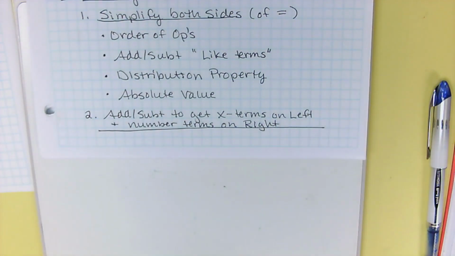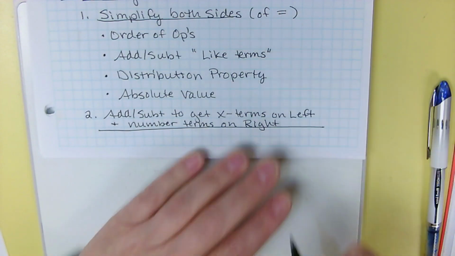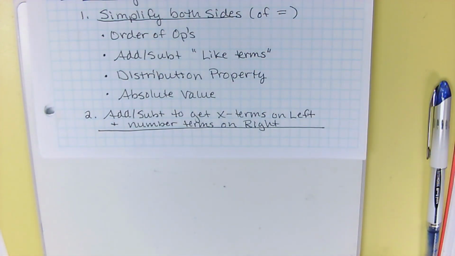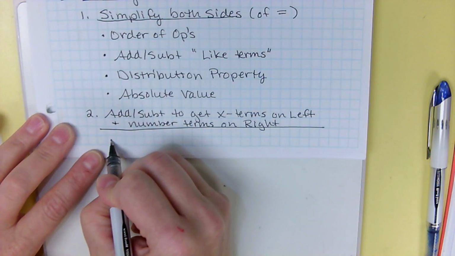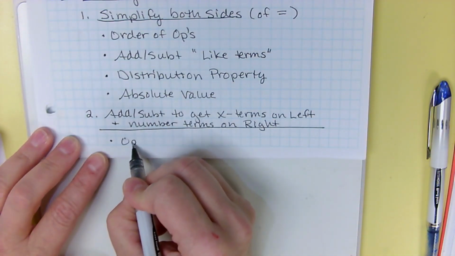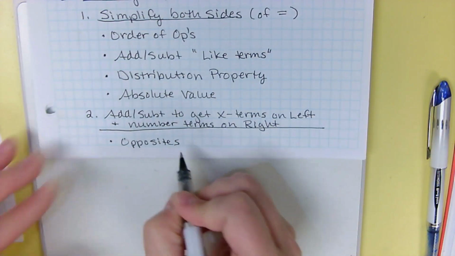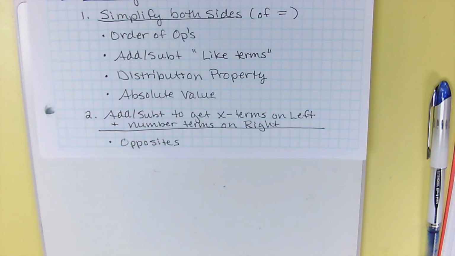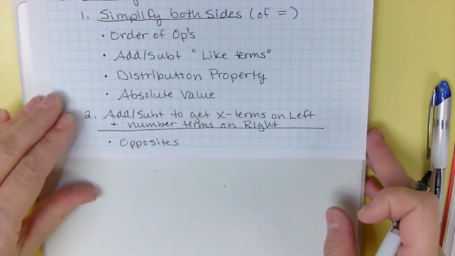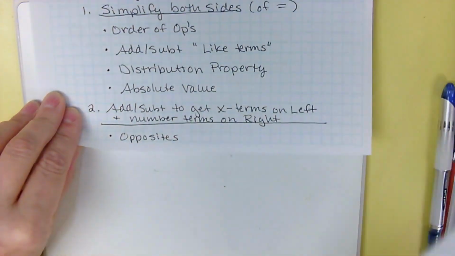Now, there are ways of reversing this, but in the beginning, we're going to be very strict about going left and going right because that is actually the places those need to go. So add or subtract to get x terms on the left and number terms on the right. And to do this, we're going to use opposites. All right, that is step 2.